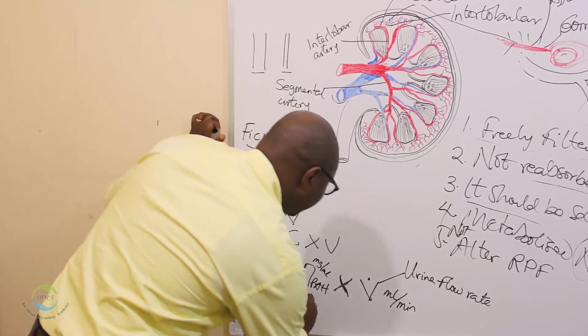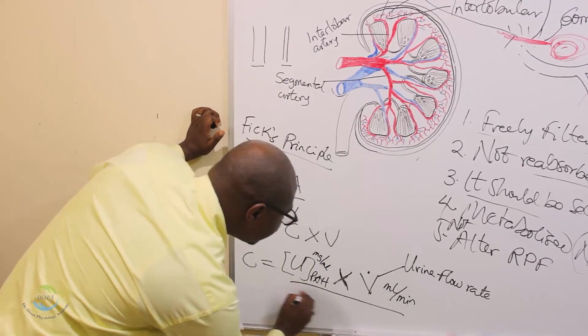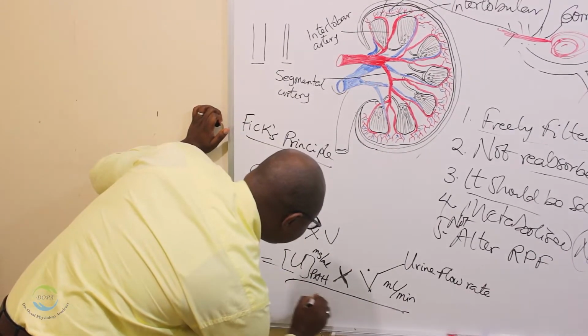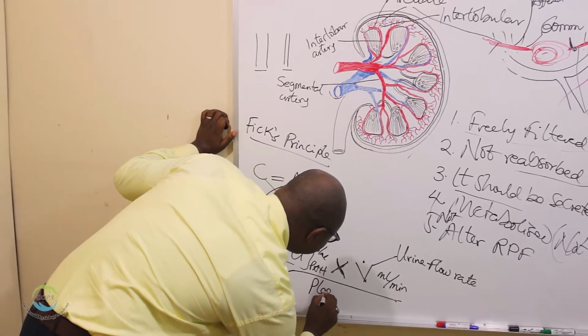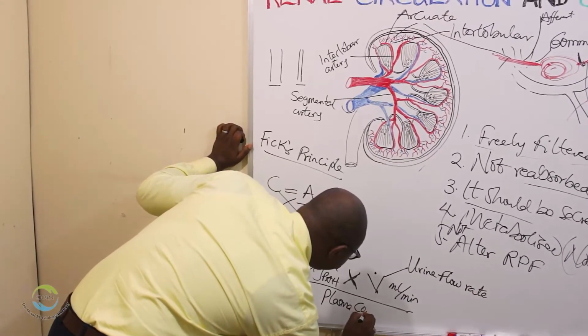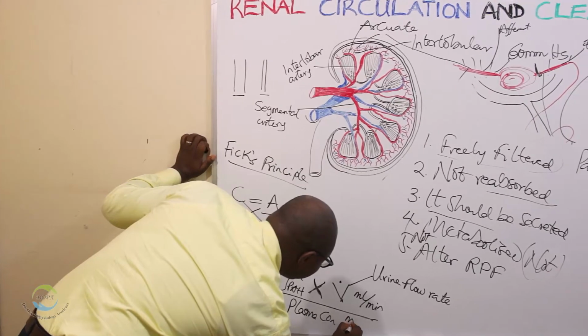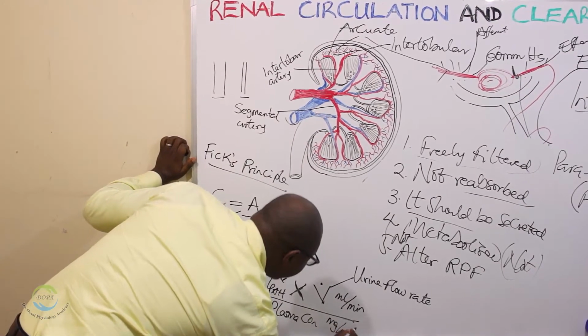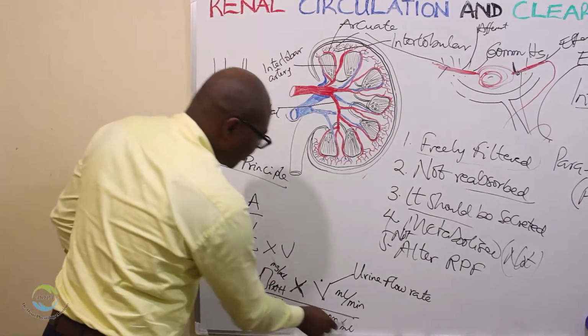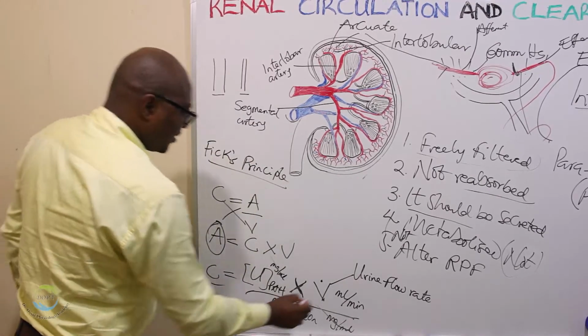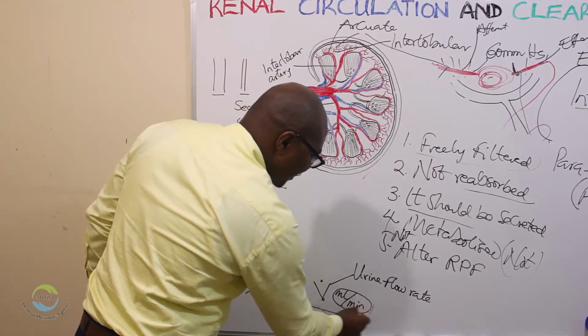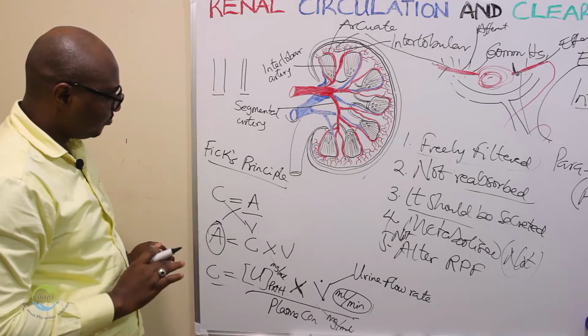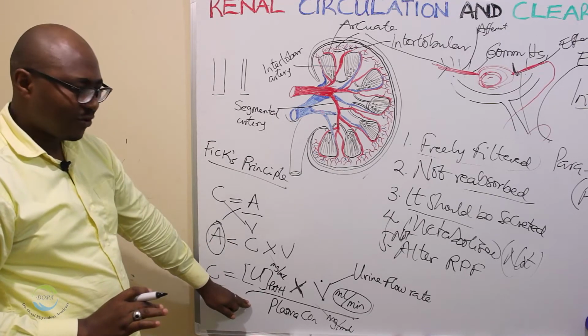So that means it is to be divided by plasma concentration, which is also in milligram per mL. So this one will cancel out this one. So clearance, the unit is in milliliters per minute. So this is the formula for clearance.